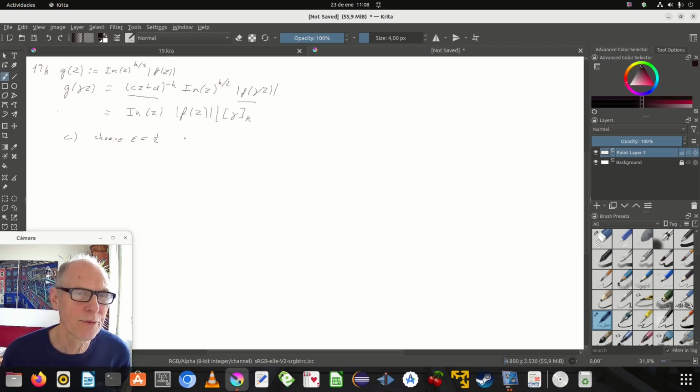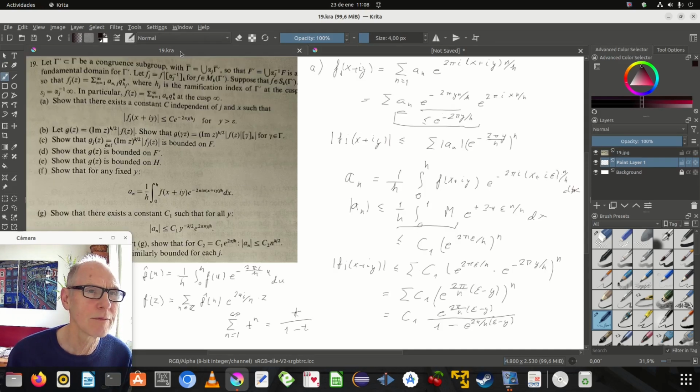Because in F, the imaginary part y is larger than or equal to square root 2 over 2. That was B and C. So it's bounded on F.